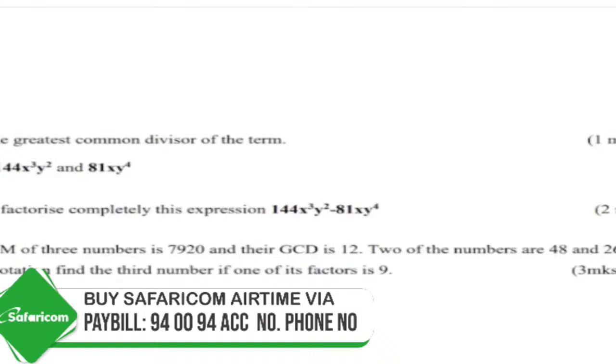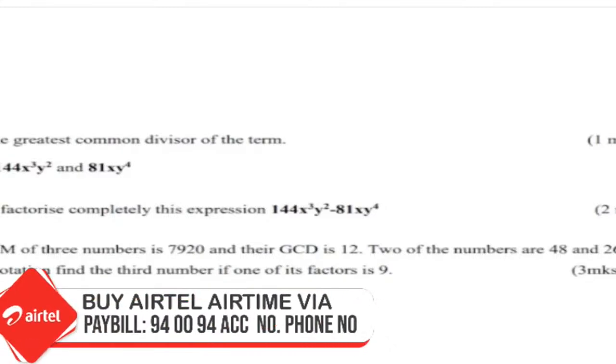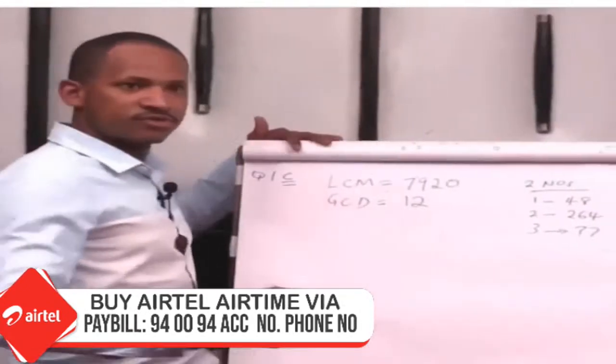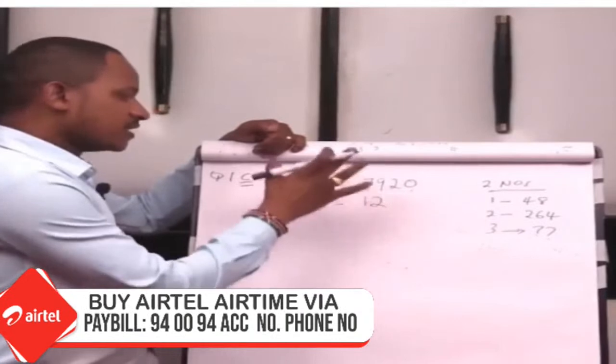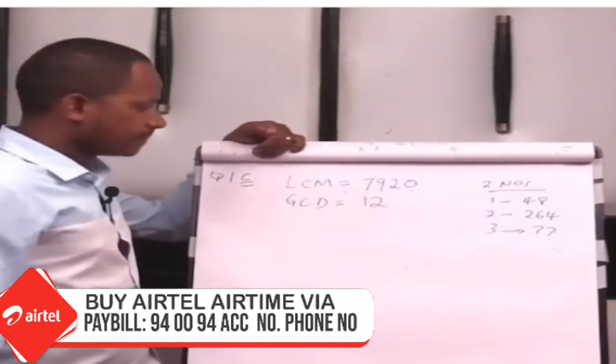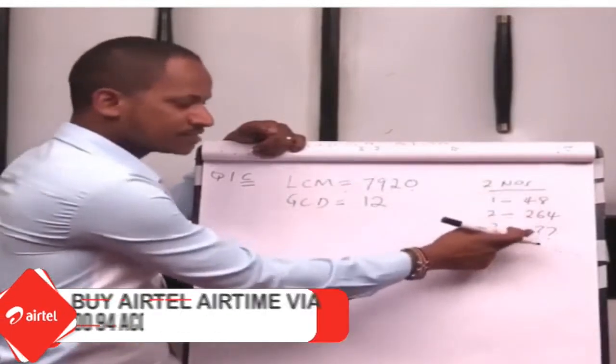We want the third number, if one of its factors is 9. If you're given such a question, first of all, just smile because it's so easy. These are easy marks. Anytime you are given such a challenge where the GCD of the numbers is given, the LCM is given, you are given two of the numbers, and they want a third number.